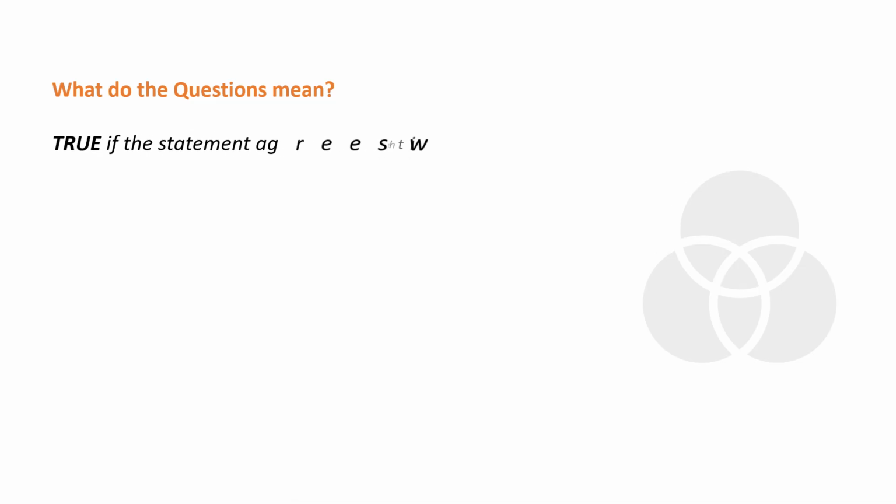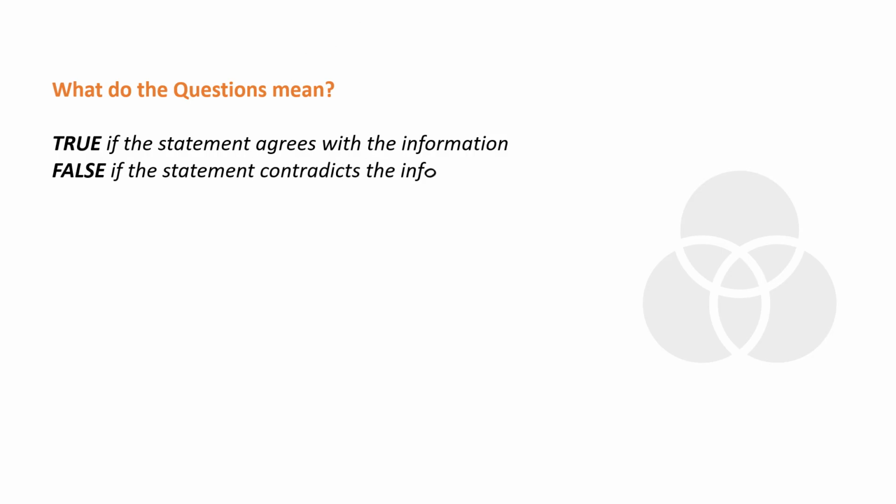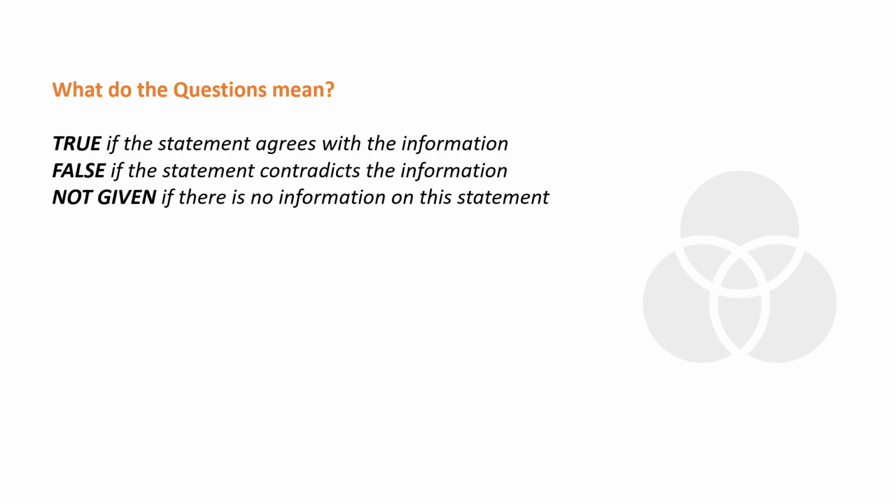Okay. So let's first understand what this question type is. What do the questions mean? True if the statement agrees with the information, false if the statement contradicts the information provided in the passage, and not given if there is no information or incomplete information on this statement.